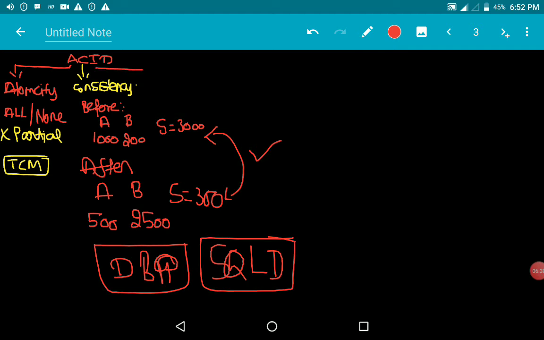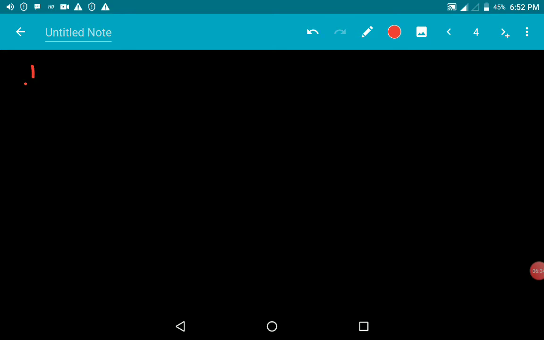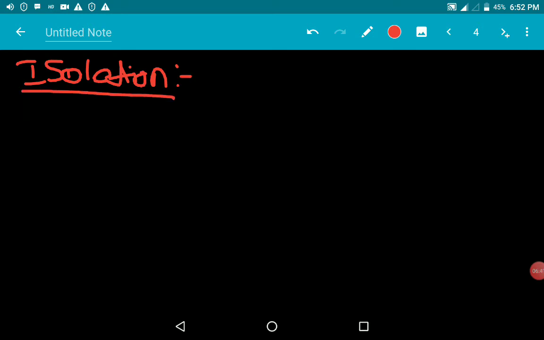And the third one is isolation. What is meant by isolation? In real time, multiple transactions are executed concurrently. During concurrent transactions, the data may become inconsistent in some cases.